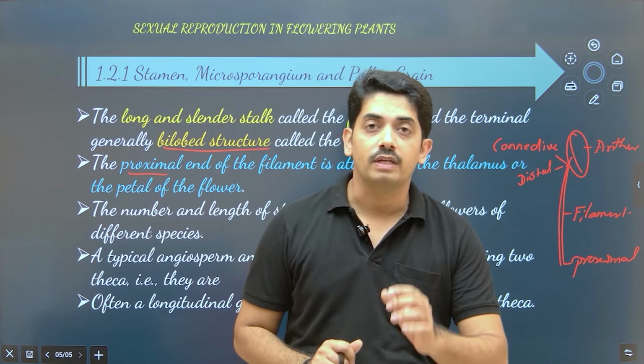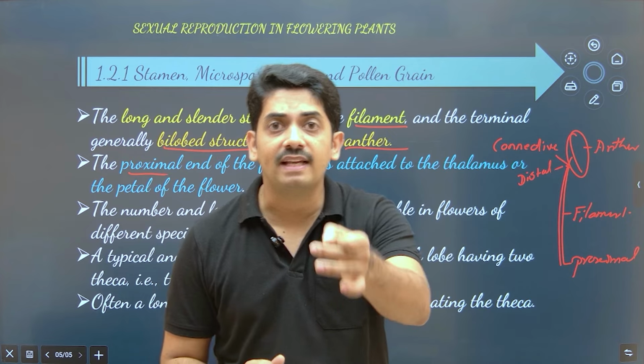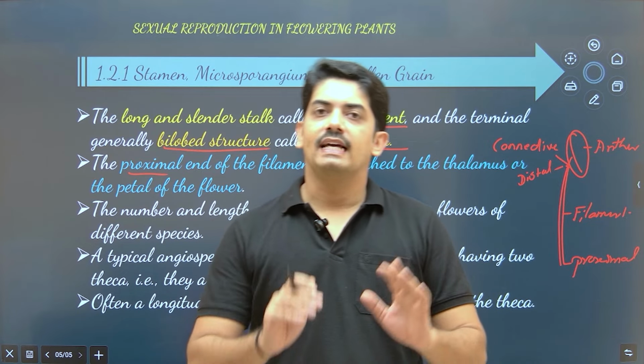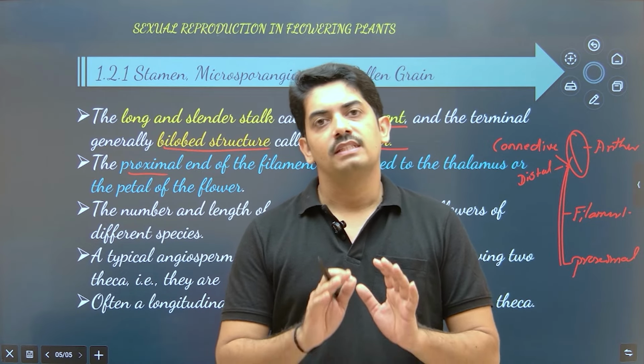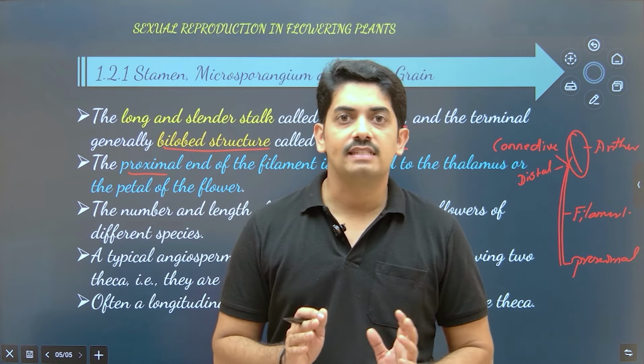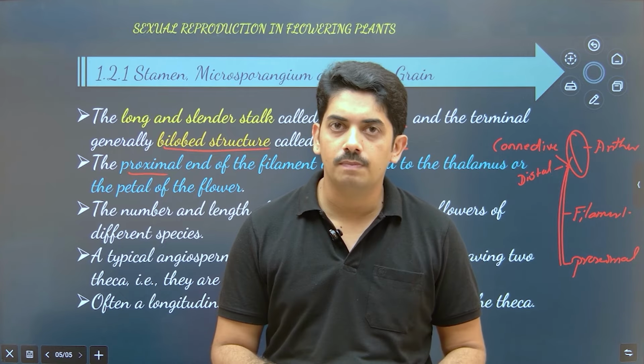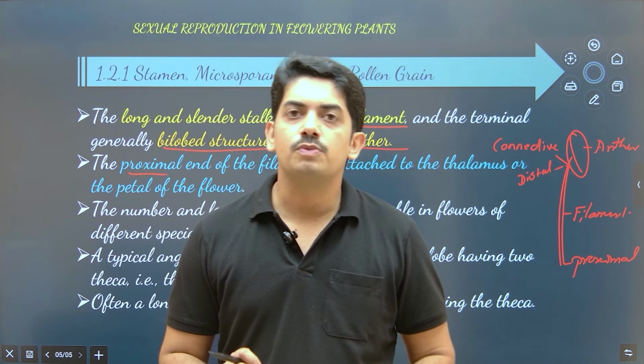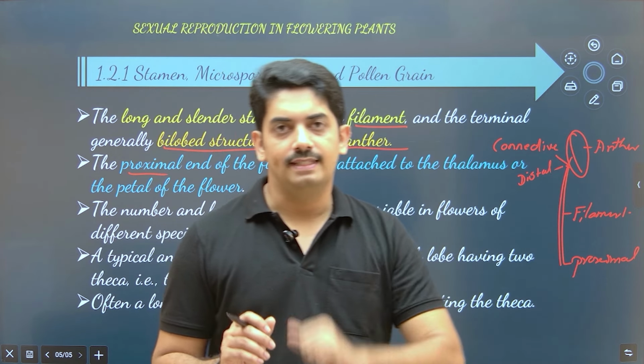This is very important, and they have mentioned typical angiosperm anther. That means there are chances it is single lobed, there are chances it may have two or more lobes, but in most of the plants we observe a bilobed anther.